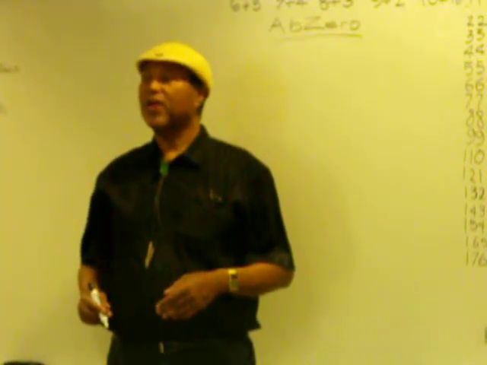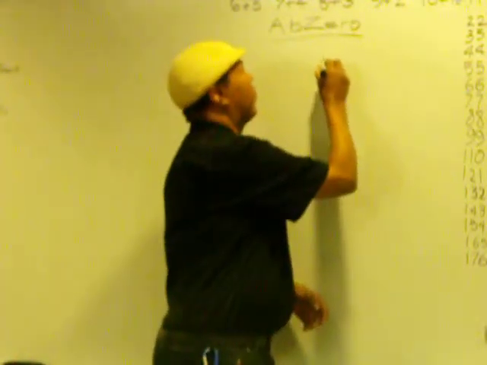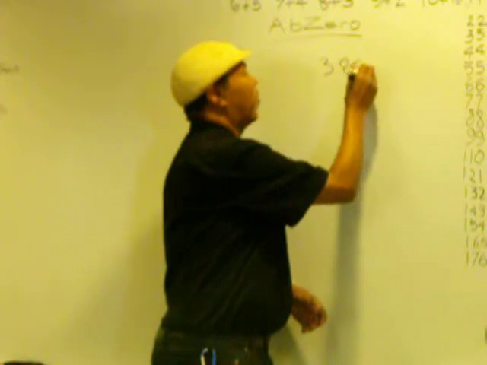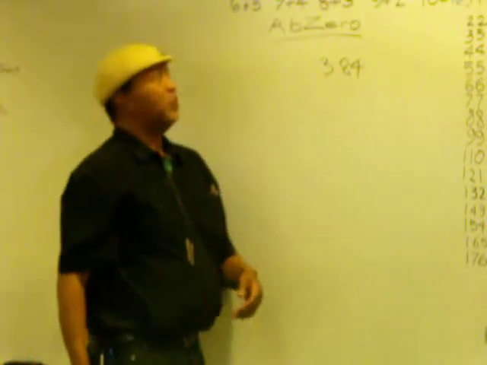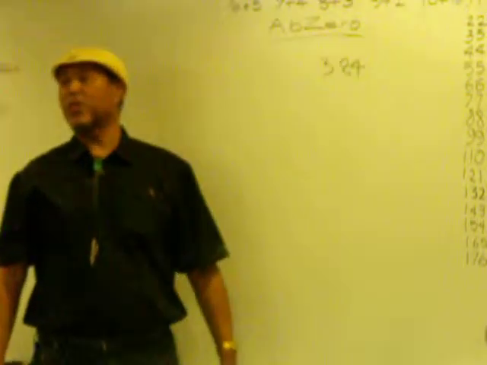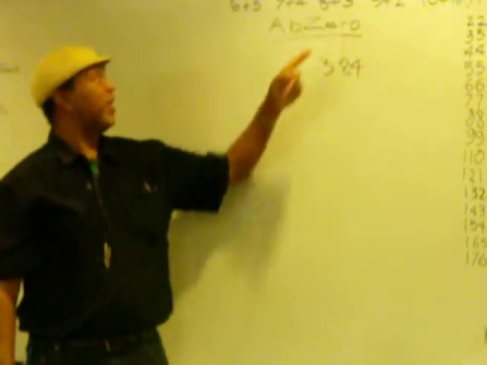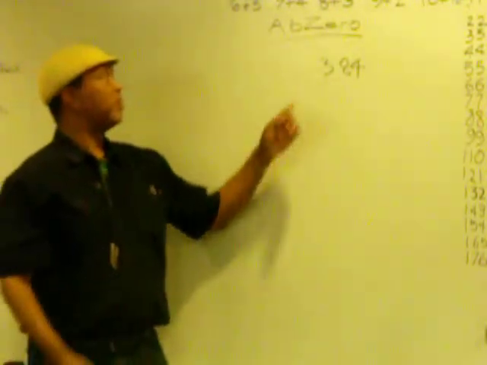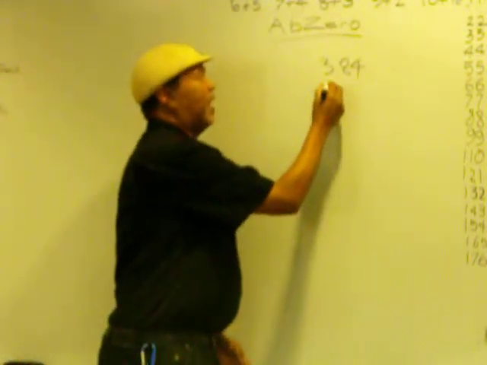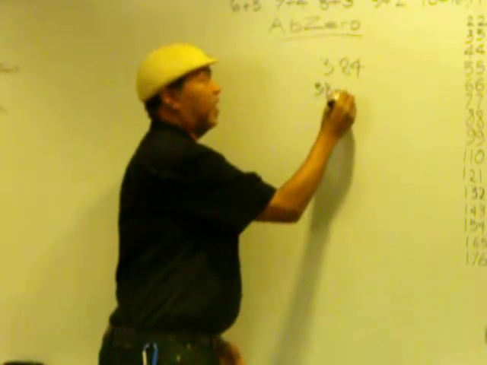3, 4, 384. Okay. 384. So the first thing that we're going to look at is, do any of these numbers correspond to 11 up on the top? And yes, 8 and 3 do. So we can do 3 plus 8 equals 11.